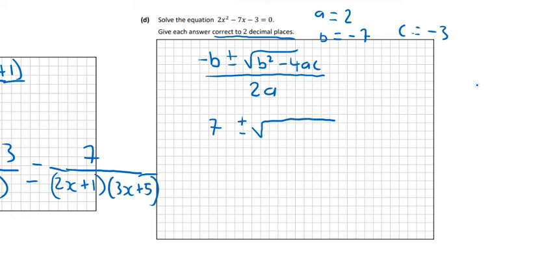And then we have to do minus 7 squared, minus 4 times a times c, so minus 4 times 2 times minus 3. And that's all over 2a, so that's all over 2 times 2.